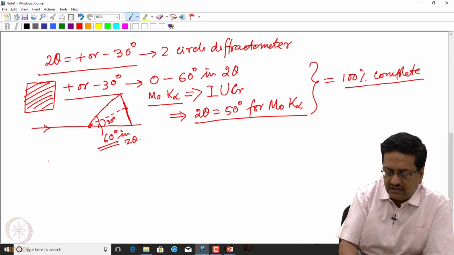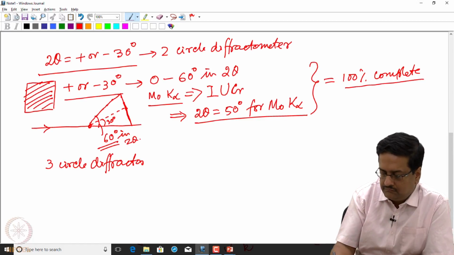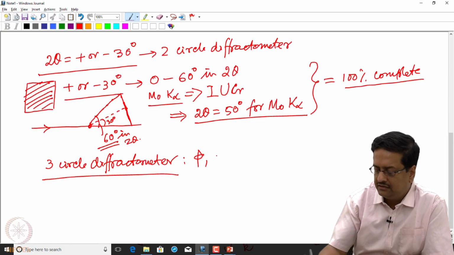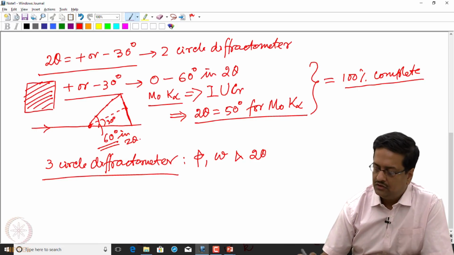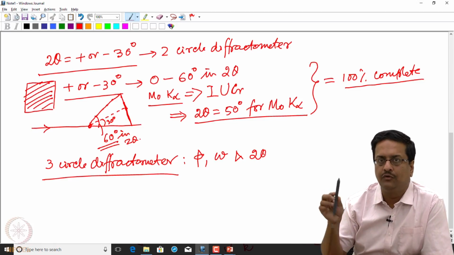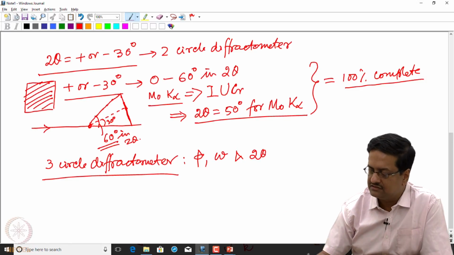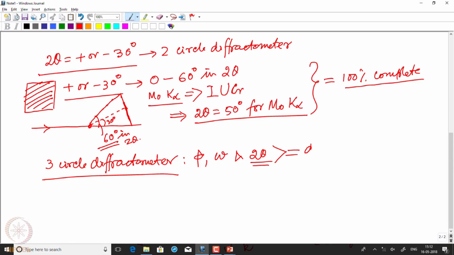In case of a 3-circle diffractometer, where we can rotate phi, omega and 2 theta, now we can rotate the crystal about its own axis, we can rotate the crystal in omega, and we also can change the detector position. So this allows us to record data up to high angle.